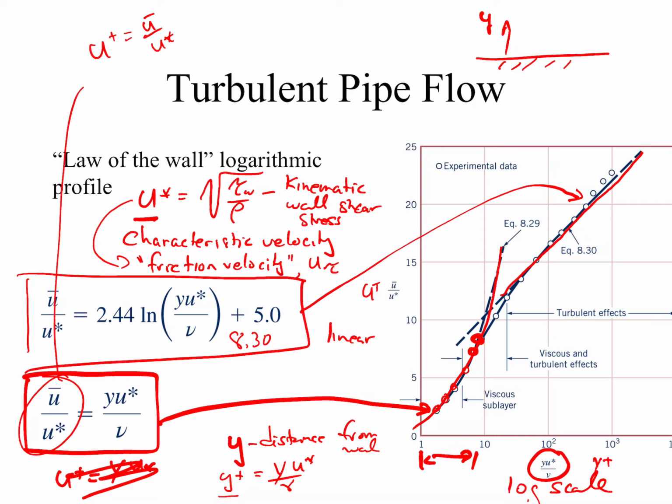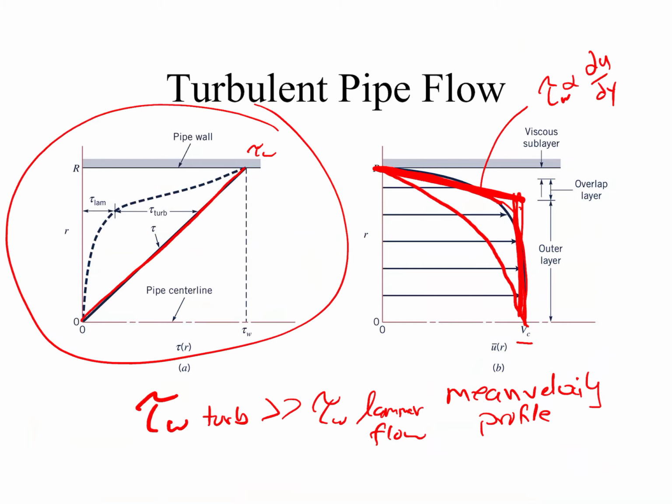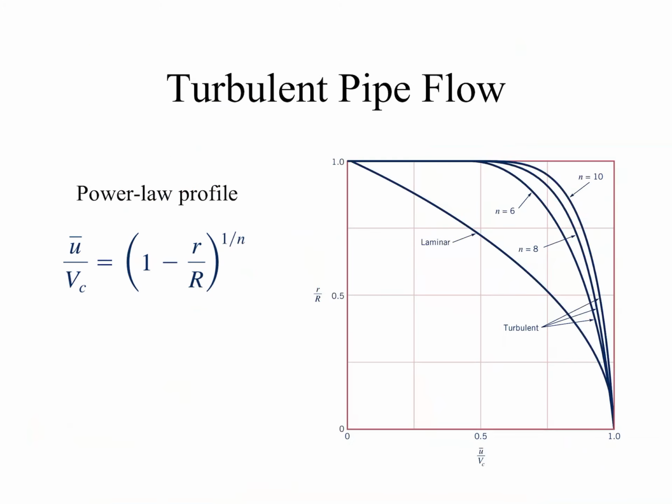Oftentimes we simplify it greatly, and we go directly to just using a power law profile, which is much, much easier. In such a case, as we've written down here, the velocity at any radius r divided by the centerline velocity, u over v centerline, is equal to 1 minus r over R to some power, 1 over n.